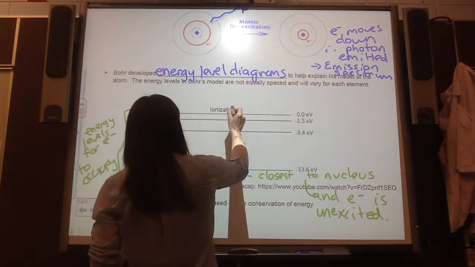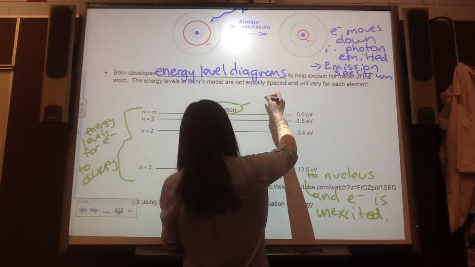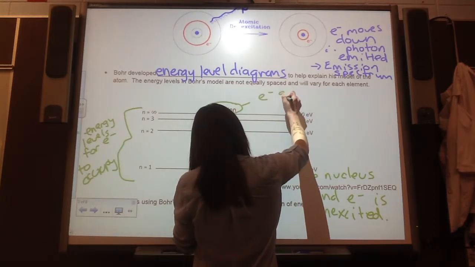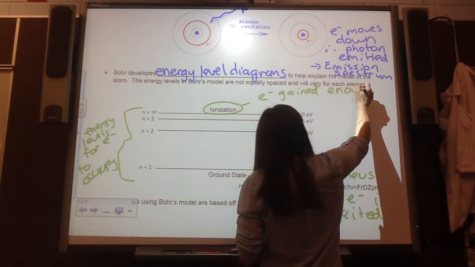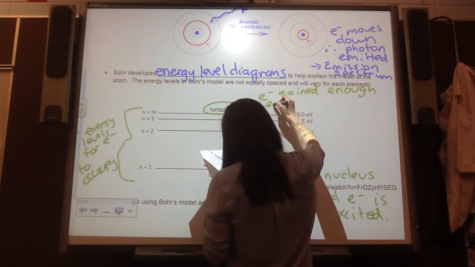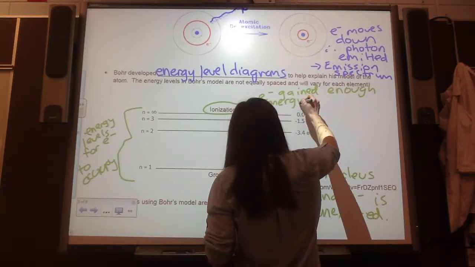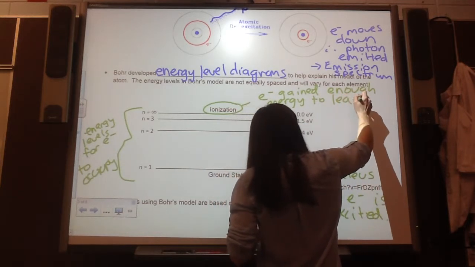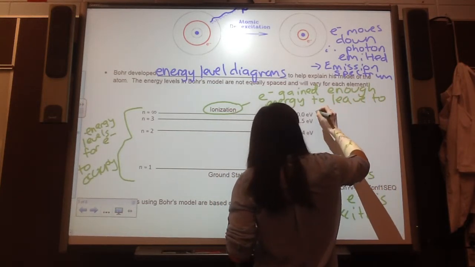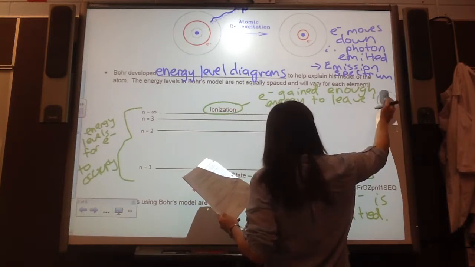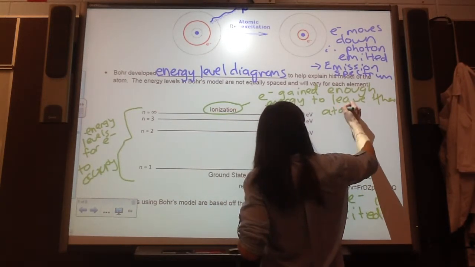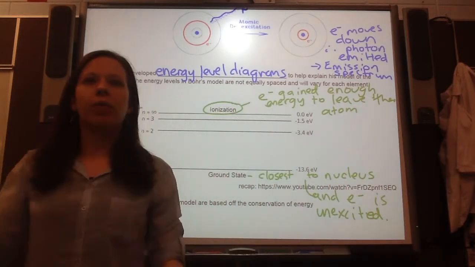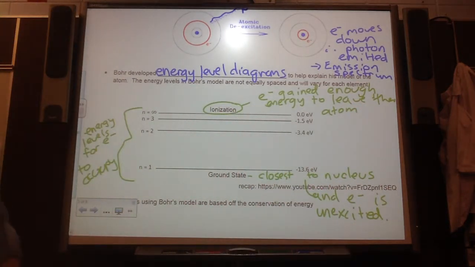So here, where we see the term ionization, the electrons have gained enough energy to leave the atom. Because when you think about aluminum 3+, that means that it's lost 3 electrons, right?